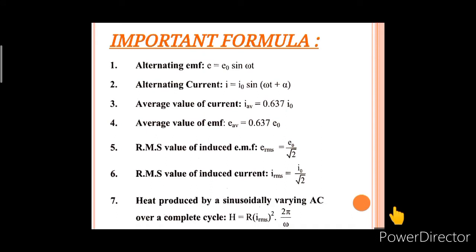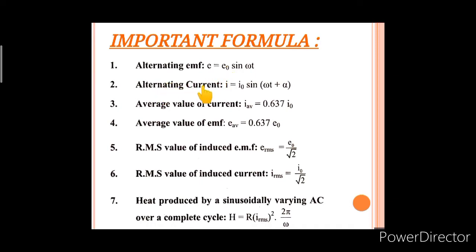First of all, as we know, the alternating EMF E is given as E0 sine omega t, where E0 is the peak value of the alternating EMF, or we can say it is the maximum value of the alternating EMF in either direction.